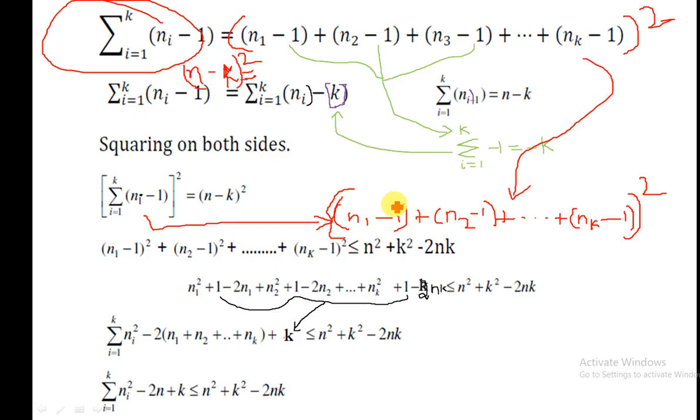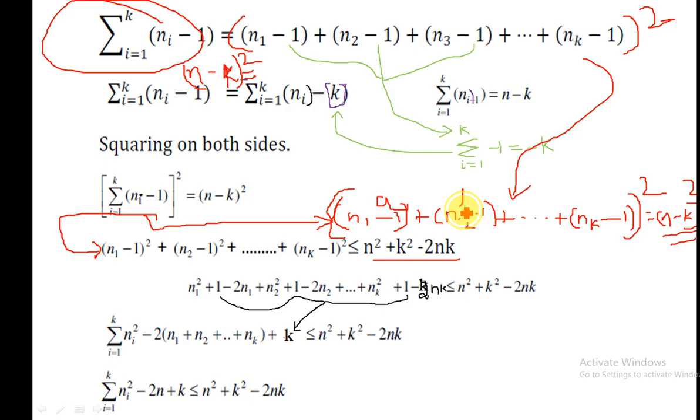This whole step is nothing but, I am writing here, please be careful, equal to n minus k whole square. Actually, we know the formula for n minus k whole square: n square plus k square minus 2nk. Then how to get this step? It is the confusing step. So be clear how to write this step clearly. So what is the formula we denoted here?